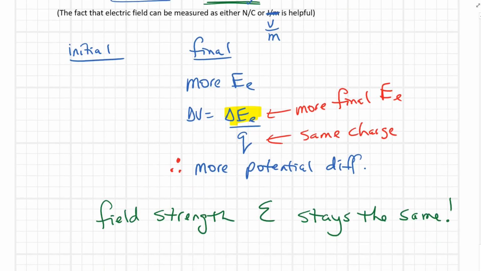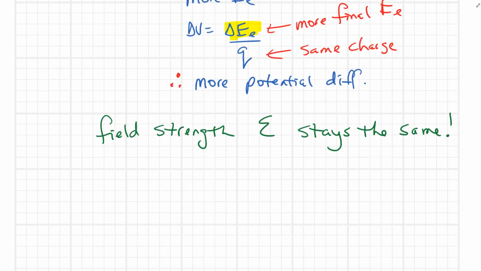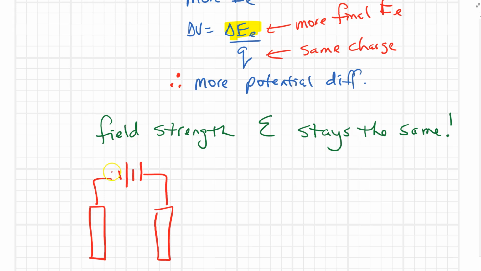Okay. One other thing that's interesting also happens if I had that difference of potential maintained by a battery. So let's just say I had two plates here, and let's say this is a 9-volt battery, and this is the plus side, and that's the minus side, and then I took those two plates and I still connected it to that same 9-volt battery. Right?